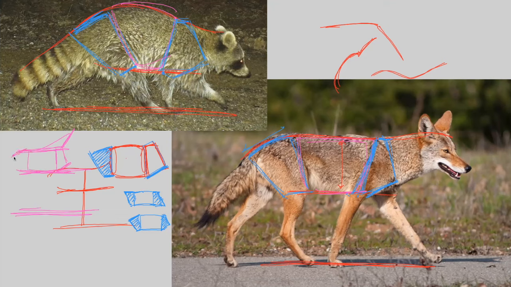I'll have a keystone in the back. And then the neck is going to pop into this surface here. The legs are going to pop out the bottom of this and off this bottom corner up here.